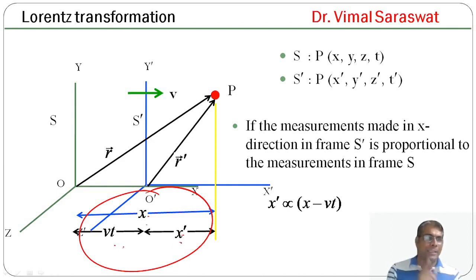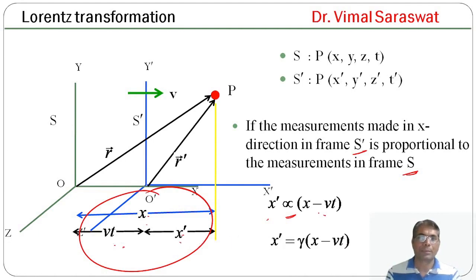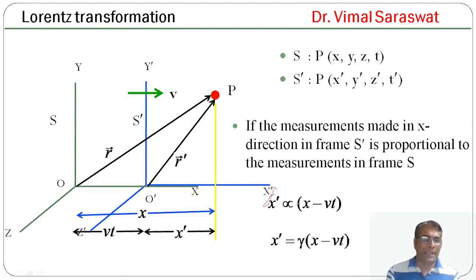If the measurement made in the x direction in frame S dash is proportional to the measurement in frame S, then x dash is directly proportional to x minus vt. Now, if we eliminate the proportionality sign, using an equal sign and a constant of proportionality, here we use the constant gamma. So x dash equals gamma into x minus vt.